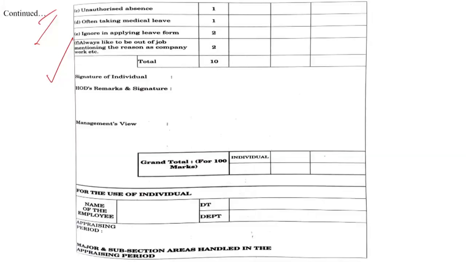If you are taking a leave, whether you have given an application beforehand, or you have not given the application and then you request the supervisor to sanction it later on. It's very meticulously planned, and it's a very, very tedious process for whoever is appraising the performance. Or the unauthorized absence, or ignoring applying for leave. All these things reflect the behavior and the action part of the employee.